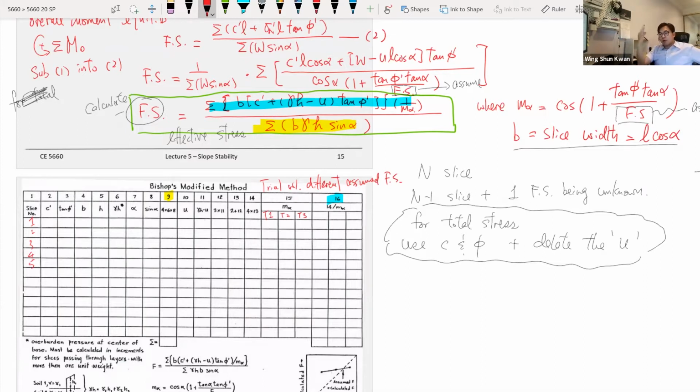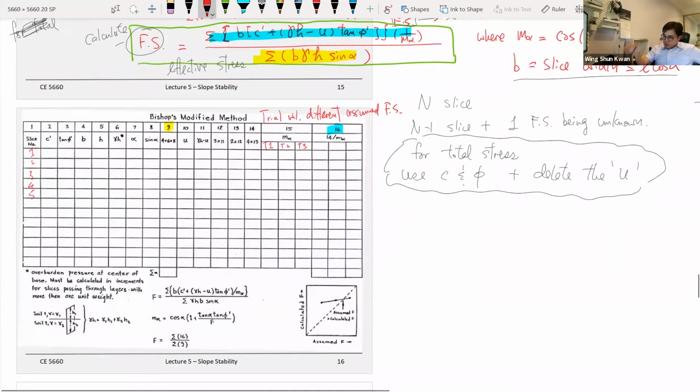So with 3 trials, whatever you sum up here is pretty much just your bottom terms, and whatever you sum up there is your top terms. Then you can calculate the factor of safety right there.